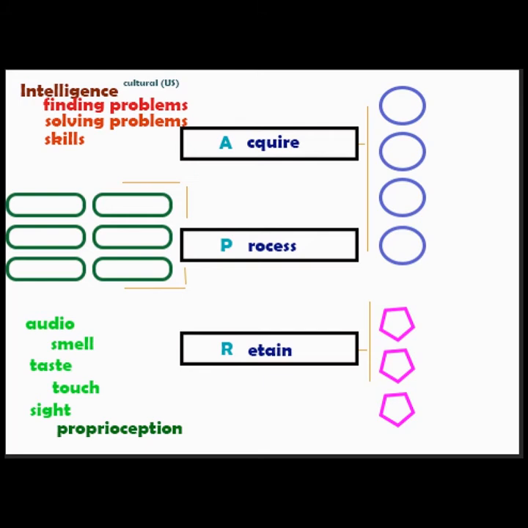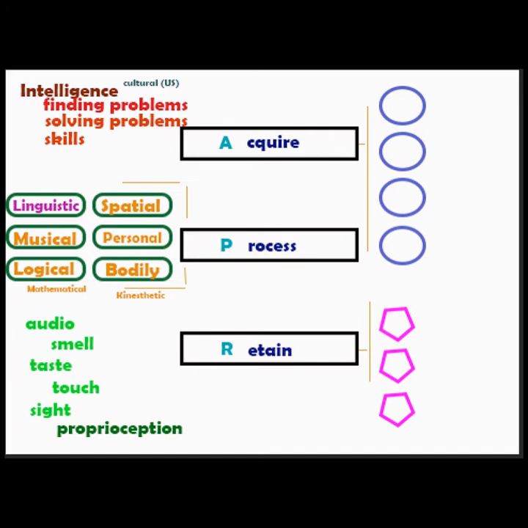We're going to start working with that. Well, now we're looking at linguistic, musical, logical, mathematical, spatial, personal, and bodily kinesthetic.